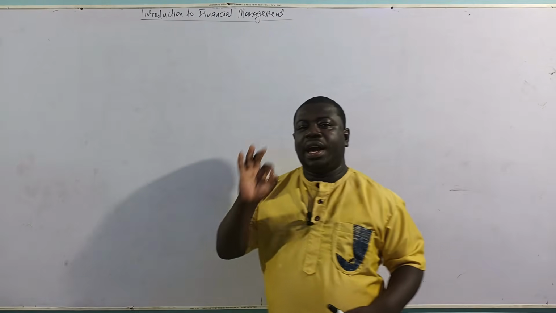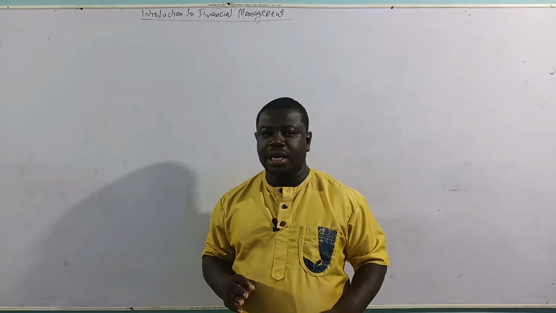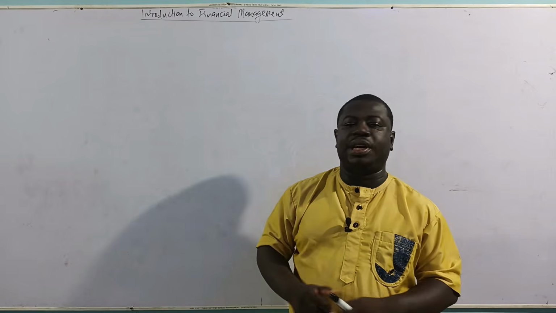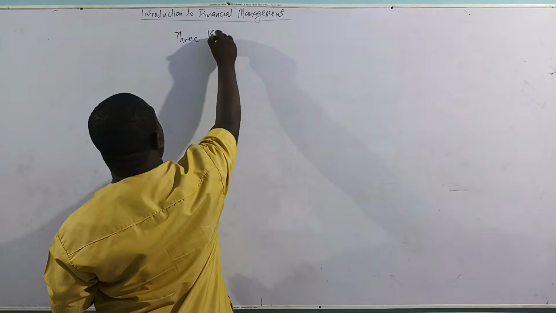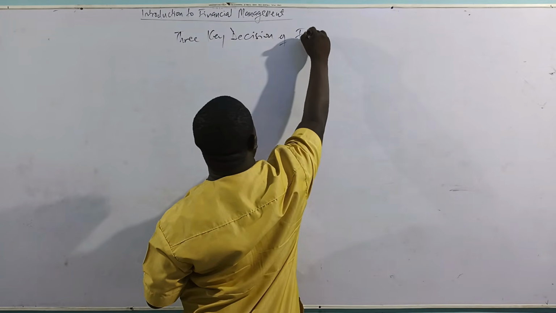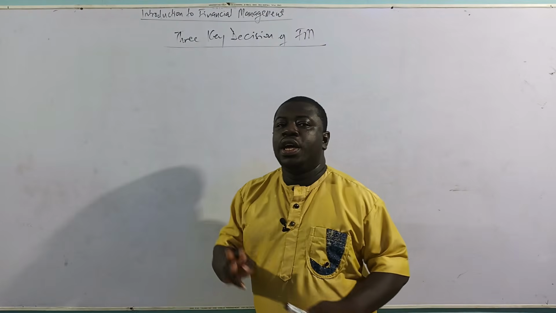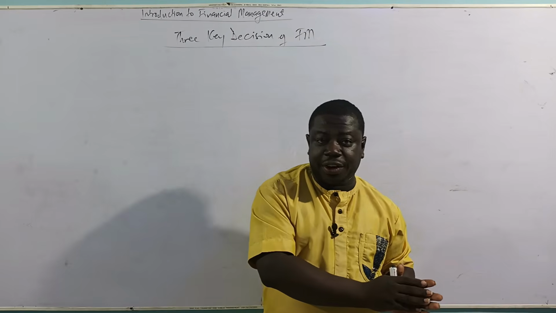Now, there are three key decisions in financial management that are made. When we say financial management, there are three key decisions. I said that we do the management of financial resources to achieve financial goals.